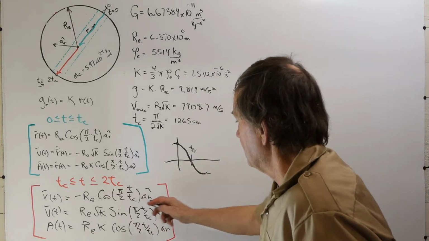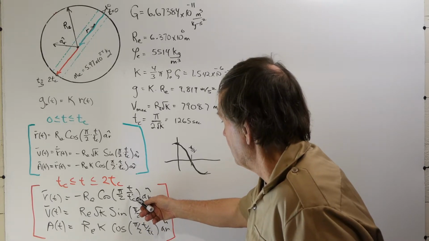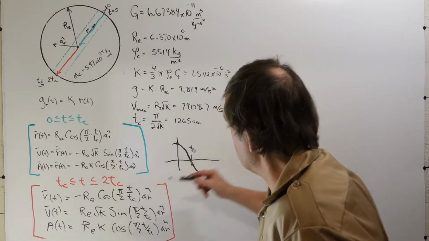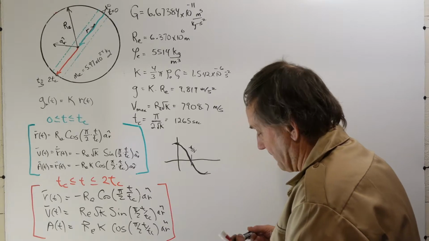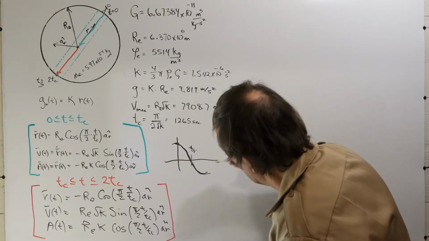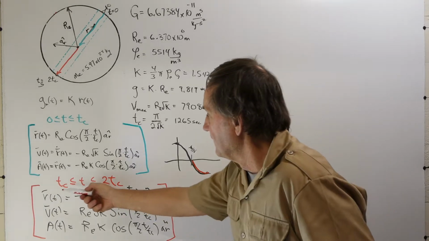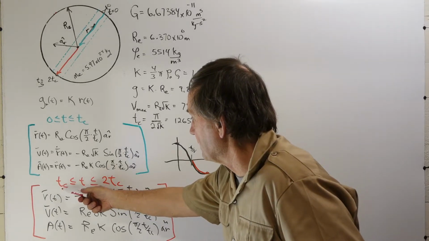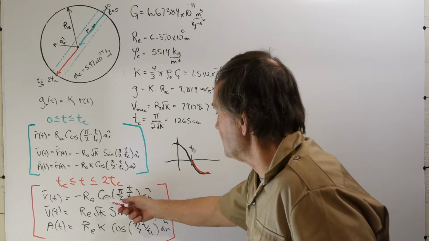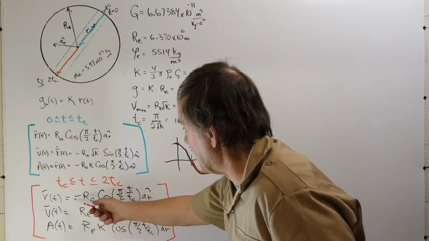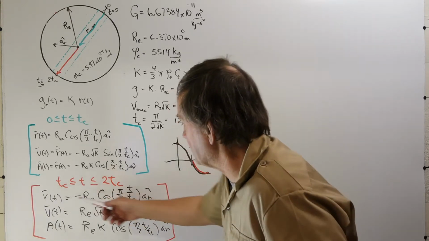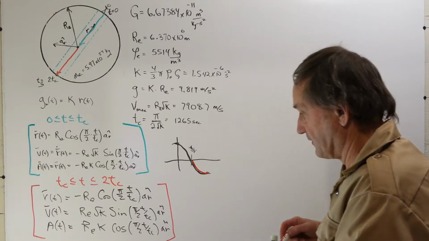So once t is a little bit greater than TC, the cosine curve passes over into this region here. So the cosine is negative in the region where time is between TC and 2TC. So the cosine is negative, and we have a negative. So indeed, the position vector is positive.